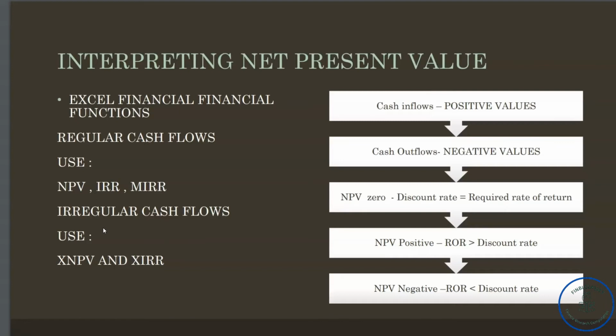In the next month, February, you're getting only on 15th, and in March you're not getting any cash flow, and again in April you're not getting any cash flow, and in the month of May on 15th you're getting a cash flow. That we call irregular cash flow. In that case, you have to use the prefix X with NPV and IRR, that is XNPV and XIRR, right?